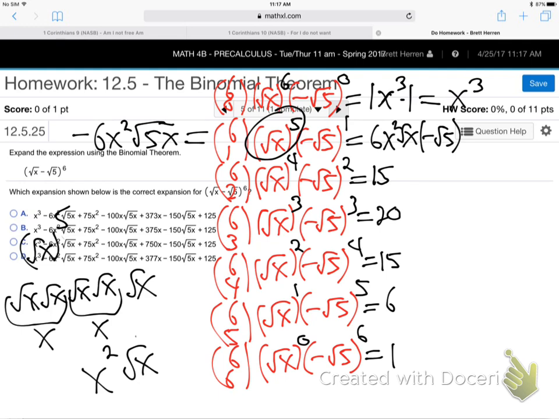And the next one, what is that going to be? X squared, and then that's just going to be a positive 5, huh? So it'll be what, 75x squared? Let's get the next one.